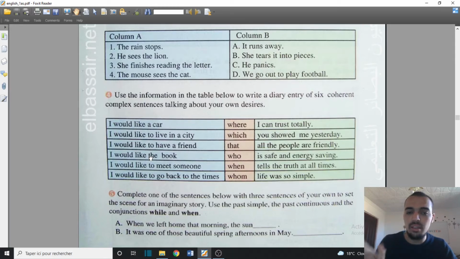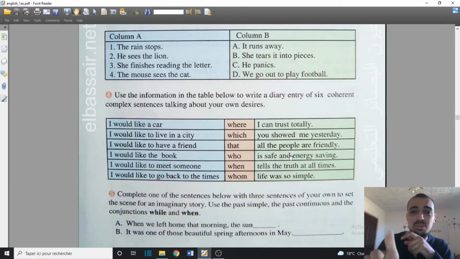Then let's suppose this is the second sentence: is safe and energy saving. Is there any book which is safe and energy saving? So these are not relative clauses at all. They are independent sentences, and they cannot be linked together using a relative pronoun.